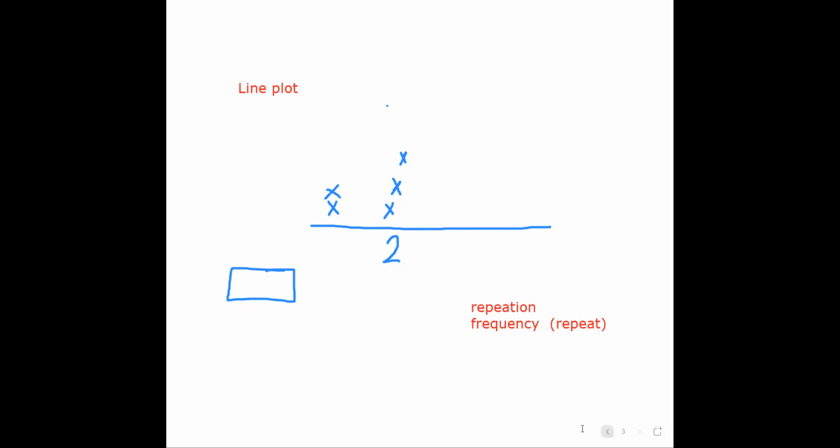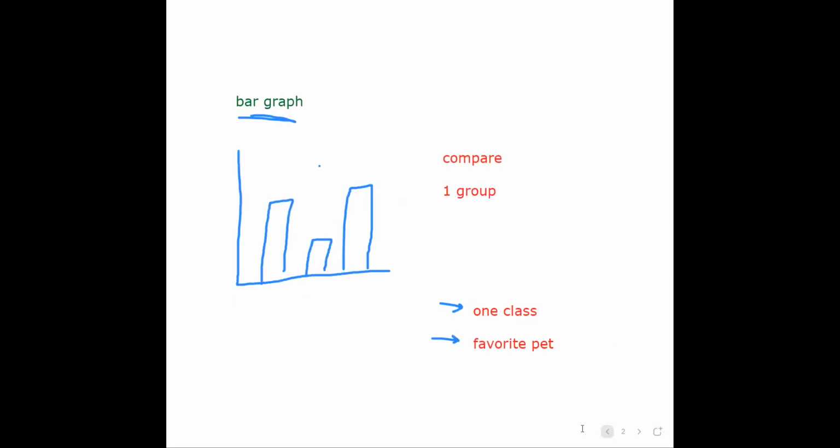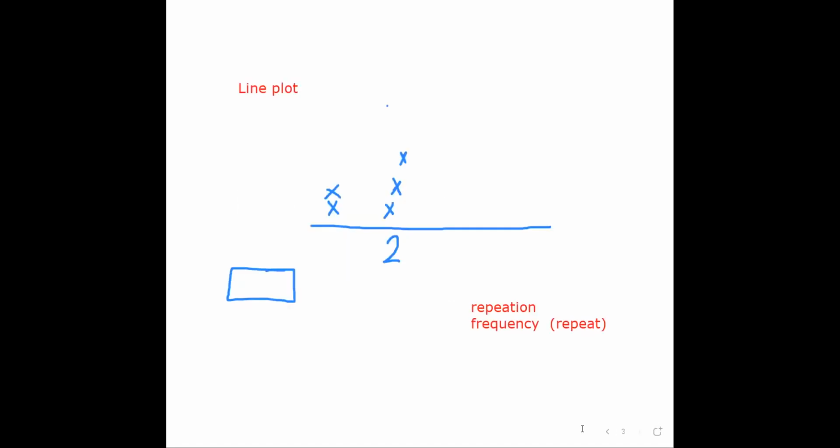So one more time. Why do I need the bar graph? To compare between things in one group, like your favorite pet, your favorite color, fruit, food, season, whatever. But in the line plot, no, I measure the repeat of something. How many times I keep repeating.